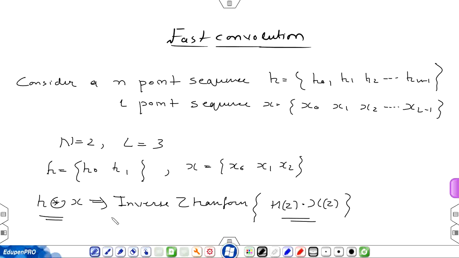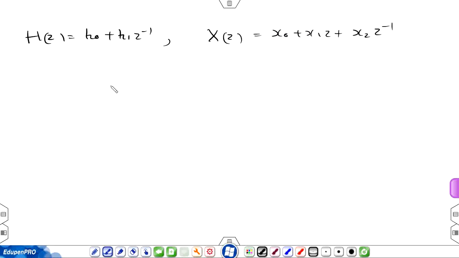I can write H(z) as h0 plus h1 z inverse, and X(z) as x0 plus x1 z inverse plus x2 z to the power minus 2.